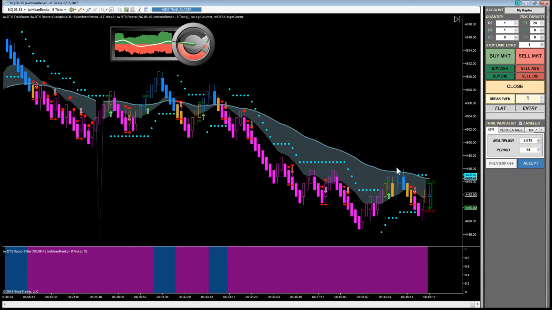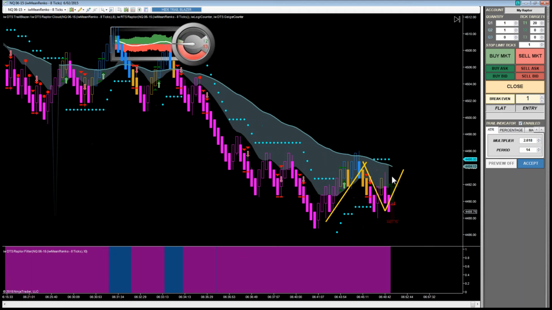So we've got the one pullback into the hard edge. When we encounter the hard edge, we always anticipate some sort of reaction. So with the Raptor, it tends to be that the second reaction gives us the follow through. So here's reactionary move number one, right? So here's hitting the hard edge.